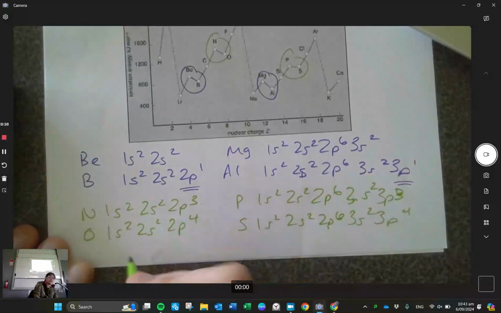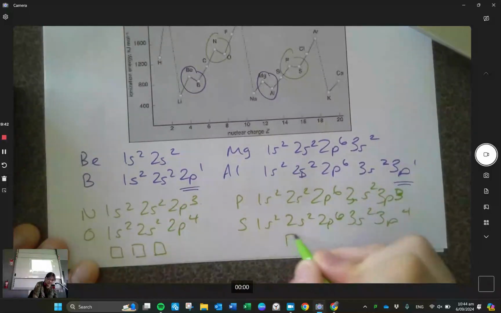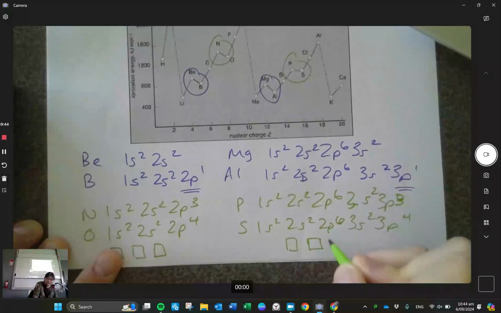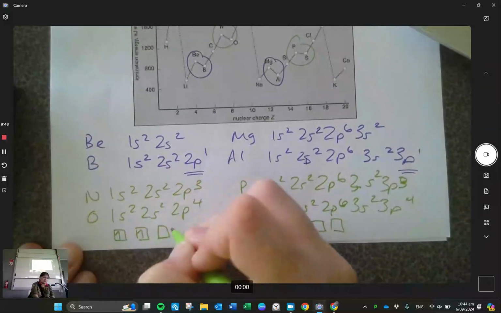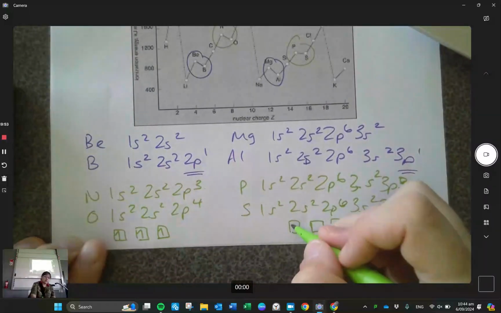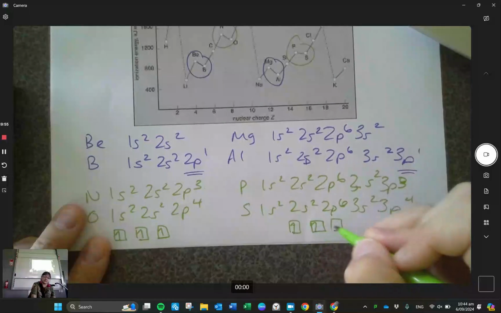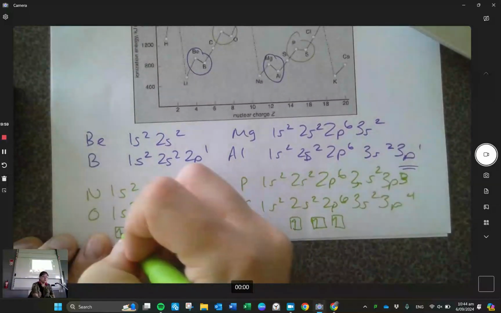So what has happened, if you guys remember, when we are talking about how we fill our subshells, we always fill one electron into each subshell first. Okay? So that's looking at nitrogen and phosphorus. One electron first, and then once we get to 4, you're starting to fill 2.